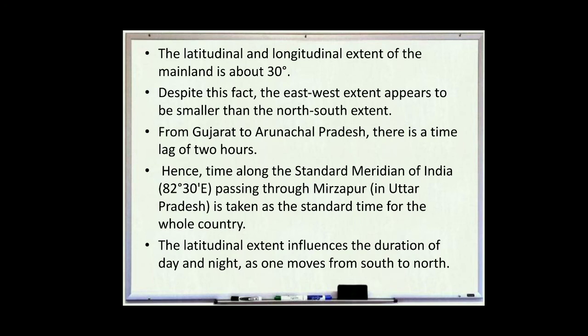So the difference in the extreme north is about 5 hours, whereas in the extreme south the difference is 45 minutes. So in Kanyakumari, in the south, there is hardly any difference between day and night, but if we move to Ladakh or Kashmir or the extreme Leh region, the day and night difference is 5 hours.